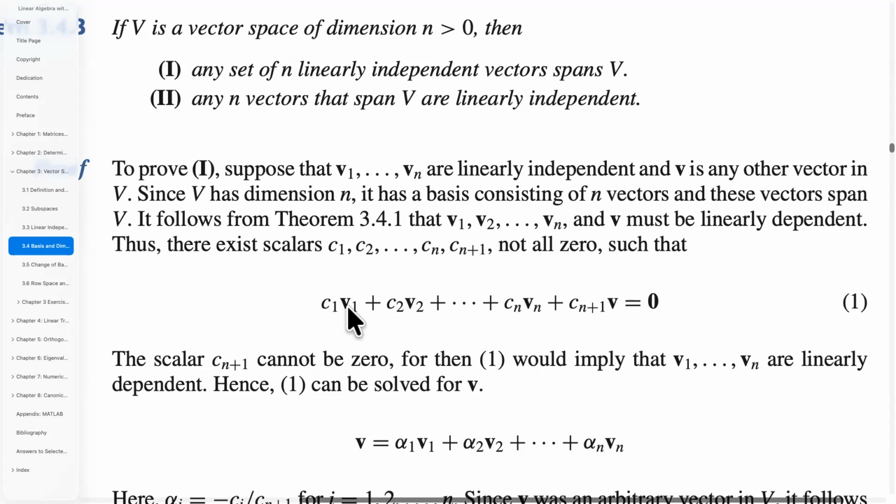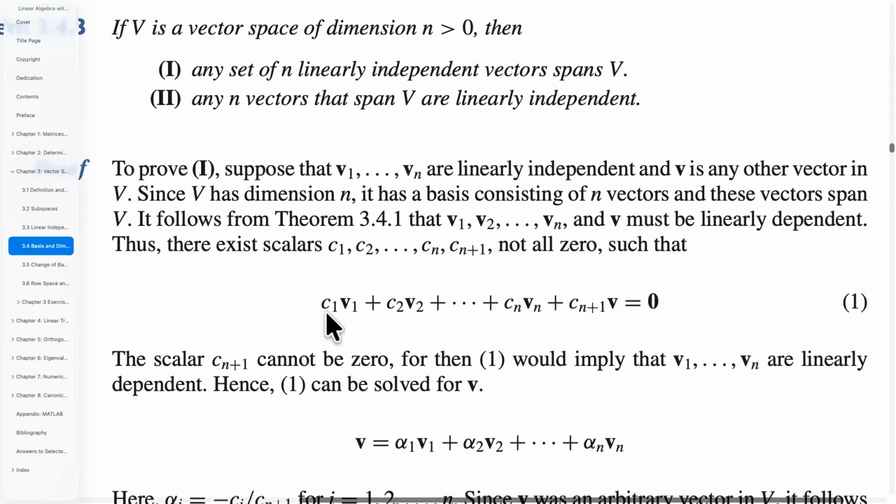So it cannot be independent. That means for C1 to Cn plus one, there exists a non-trivial solution. And we know this Cn plus one cannot be zero.